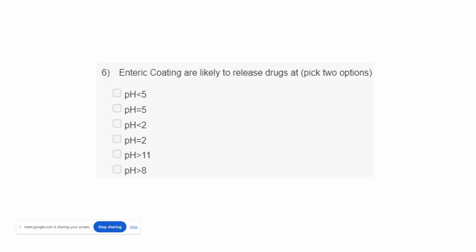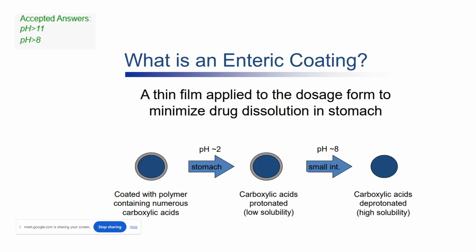Next question was, enteric coatings are likely to release drugs at which of these pH? So enteric coatings are basically coatings that are not soluble at acidic pH but are soluble in a basic pH such as in small intestine.